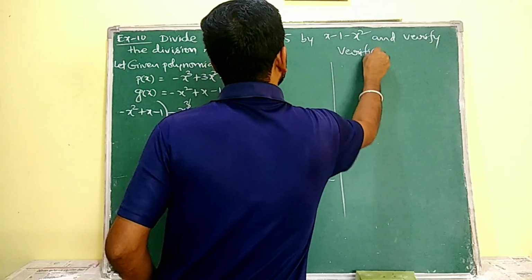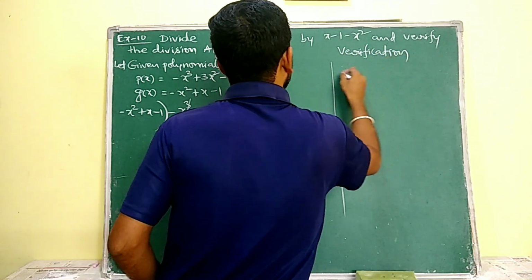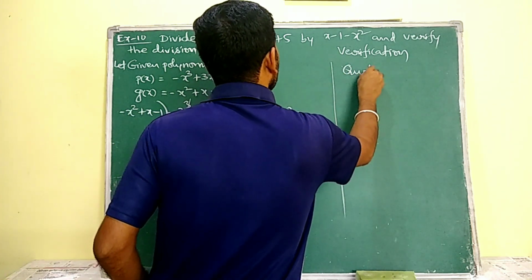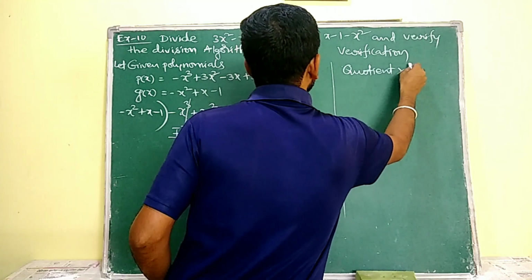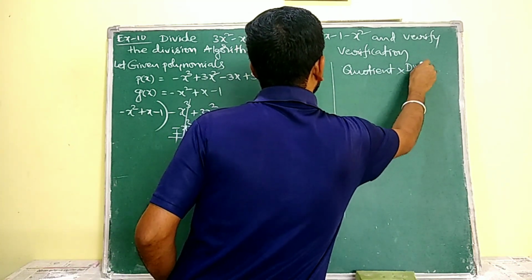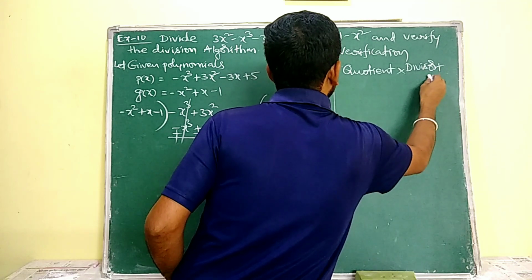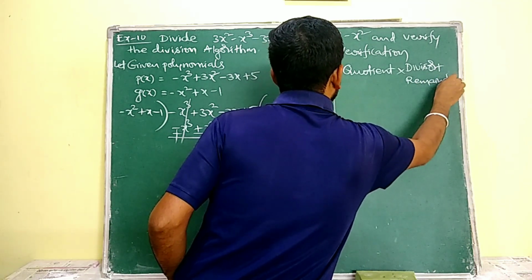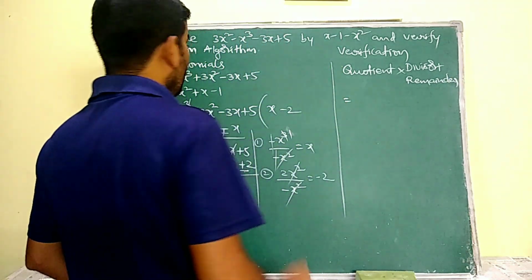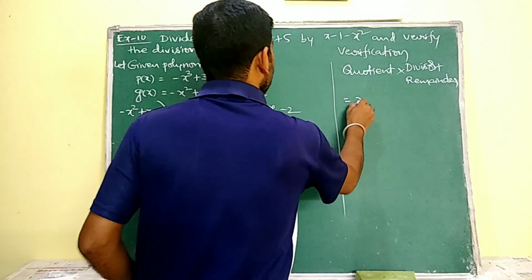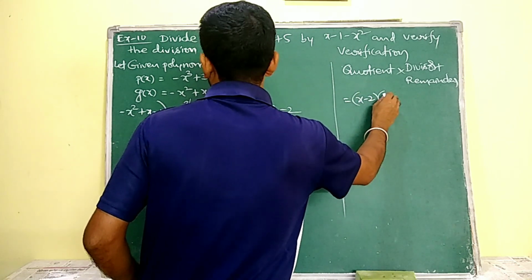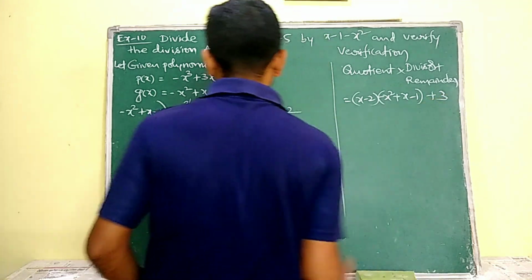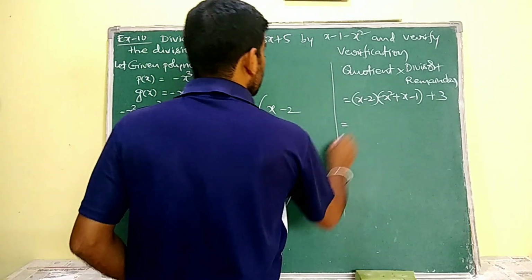To verify, I have to check whether quotient into divisor plus remainder is equivalent to the dividend or not. Firstly, multiply this quotient x minus 2 with the divisor minus x square plus x minus 1 and add the remainder to that. We have to check whether it produces the dividend or not.